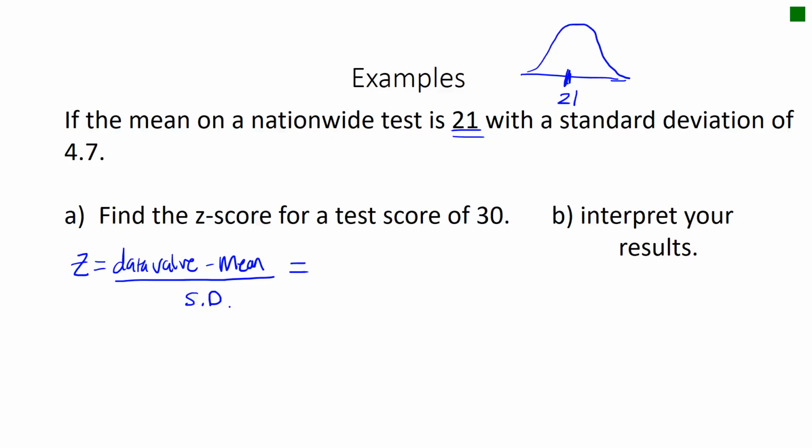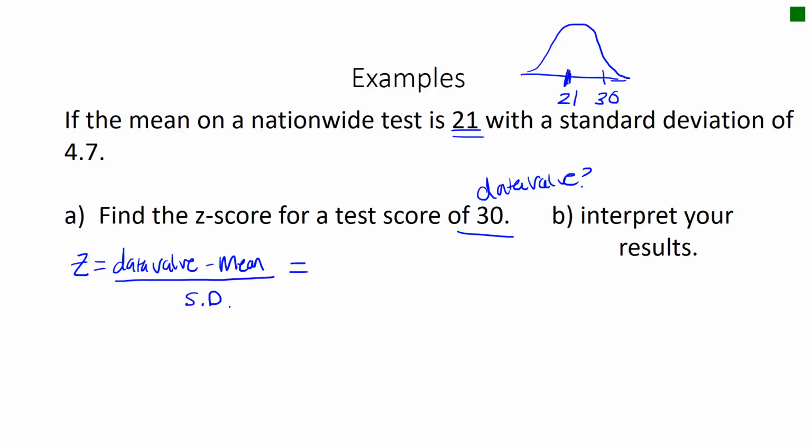Okay, so the mean is 21, and we want the test score of 30, so that's our data value in question. We can see that 30 would be to the right of the mean, so you know that the z-score will be positive.